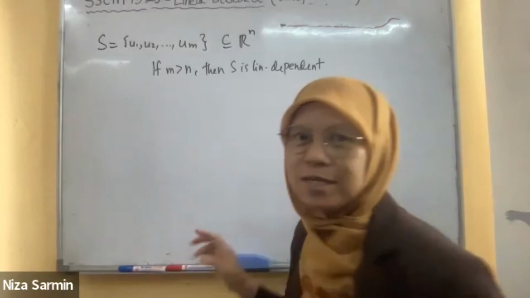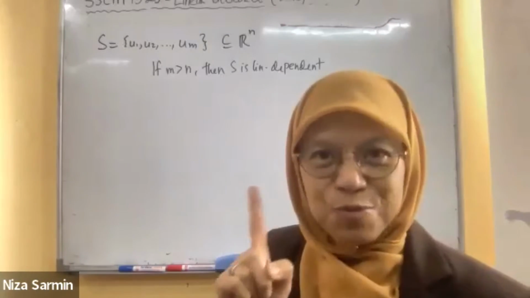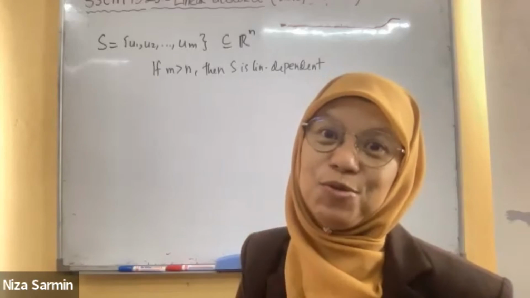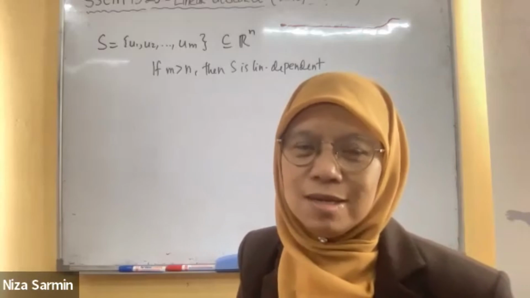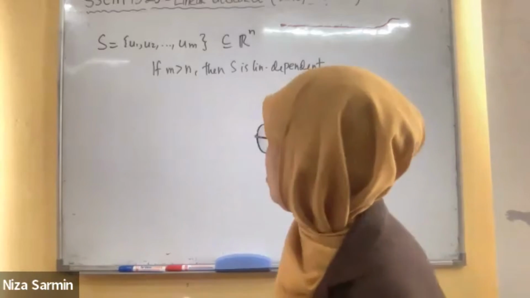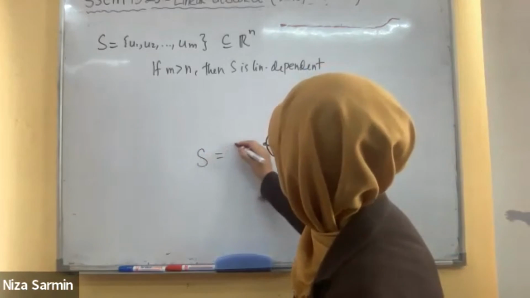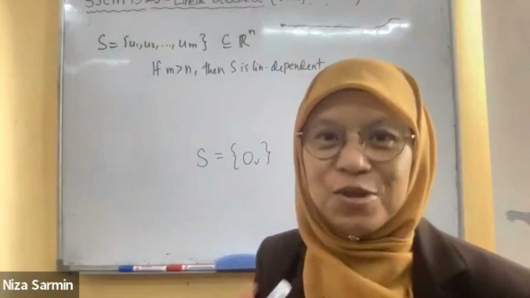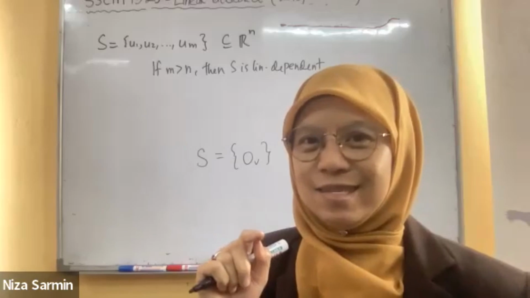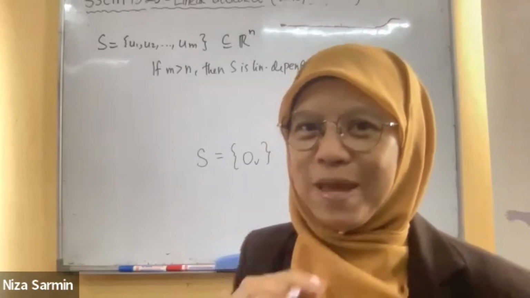Just now, when I said if m is only 1 and it's a non-zero vector, it's independent, right? If m is 1 and it's a zero vector, it's dependent.